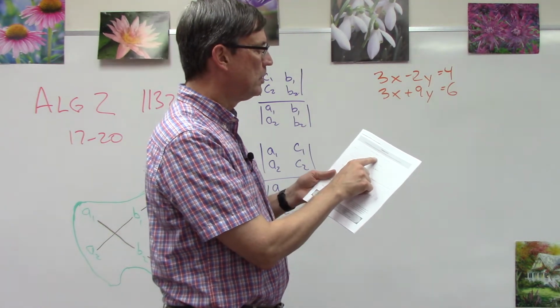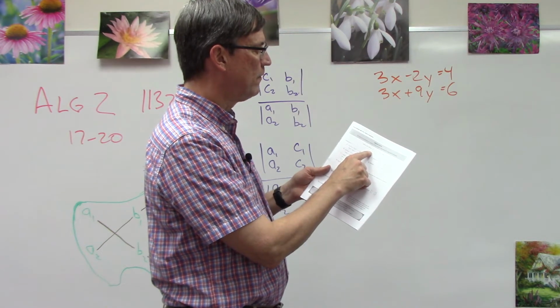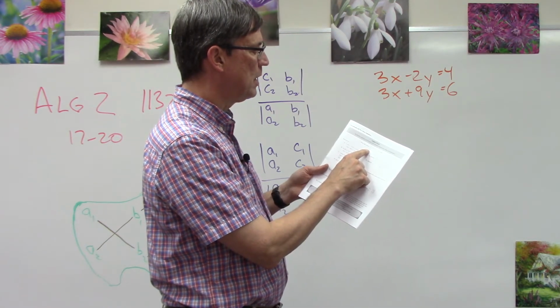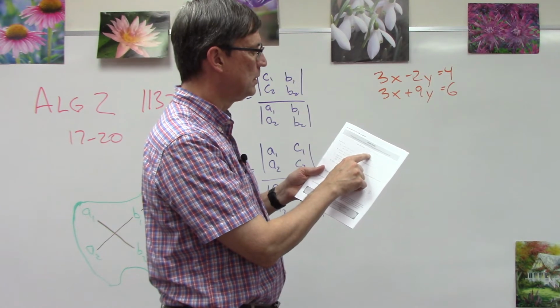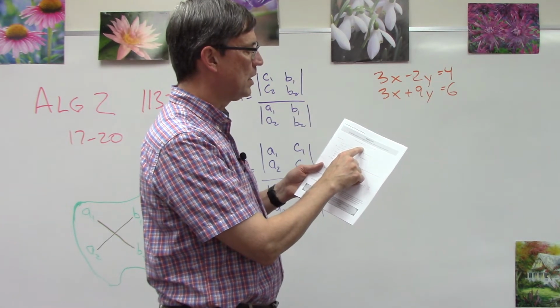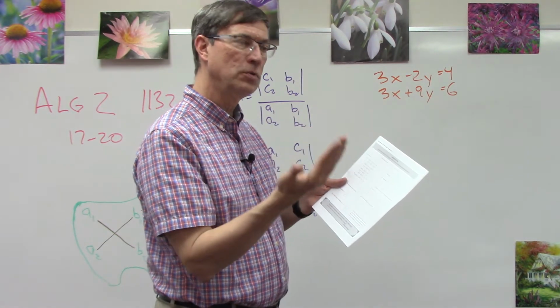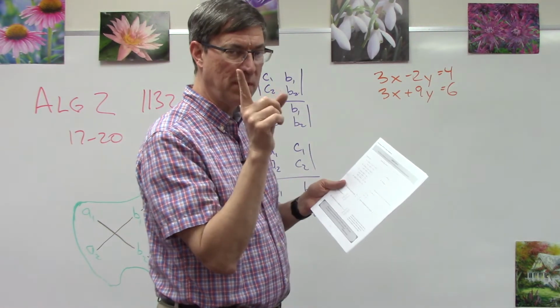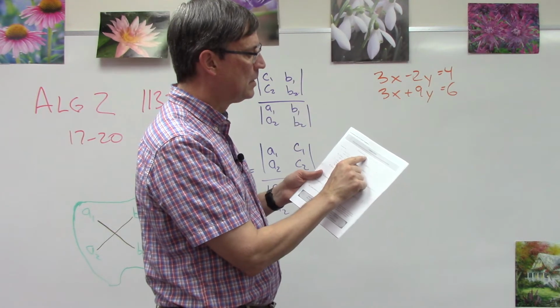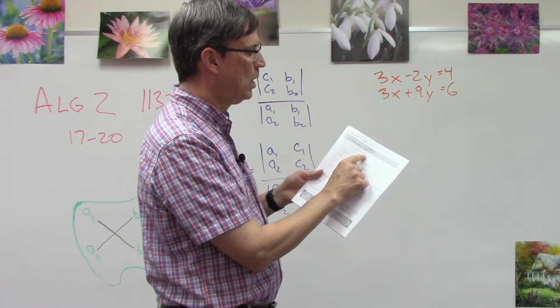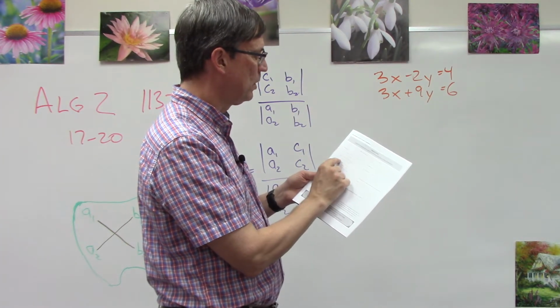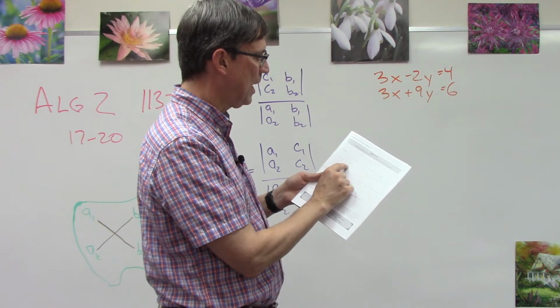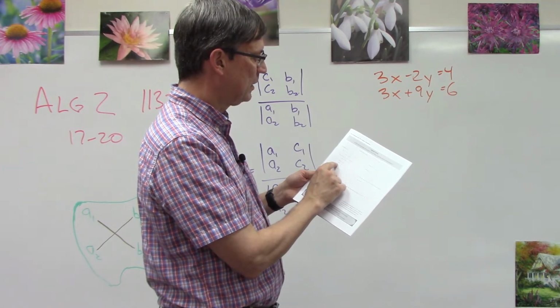So they're taking the a2, which is the coefficient on the second equation, a2x plus b2y equals c2. They're taking that coefficient on x, changing it to its opposite, multiplying everything in the top equation by that, taking the positive value of the a1 from the top equation, multiplying everything in the second equation by that. Okay, and that's how they get this c.